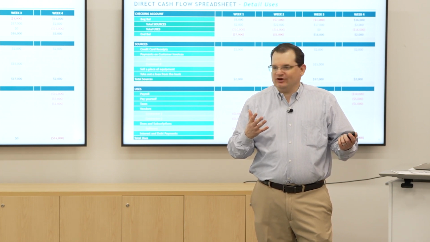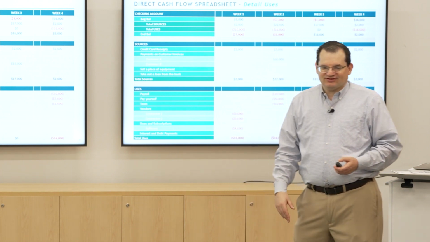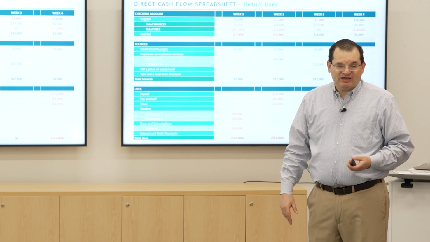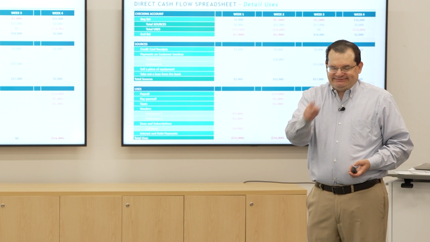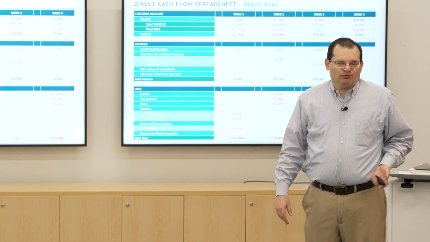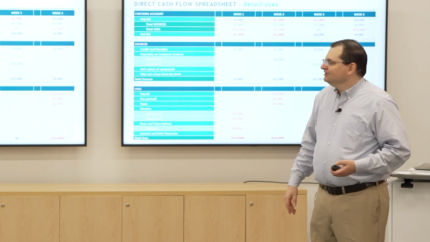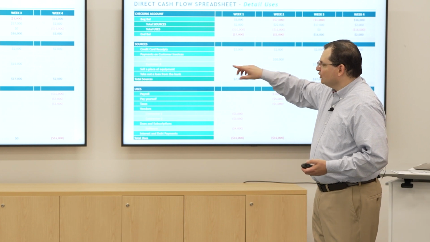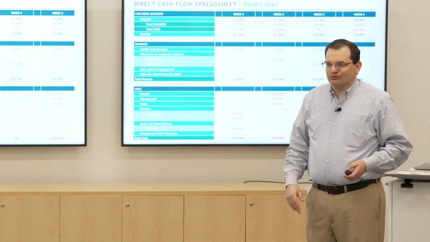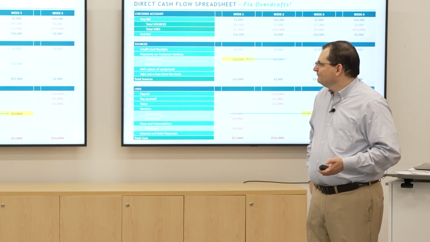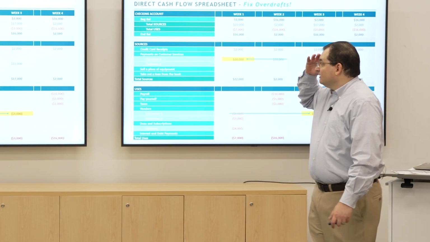We don't want overdrafts. That's bad. That means that the bank may bounce a check, or it may cover it, but then you've borrowed money that really wasn't your money. And so the whole game is get rid of the red in that ending balance row. We don't want that.